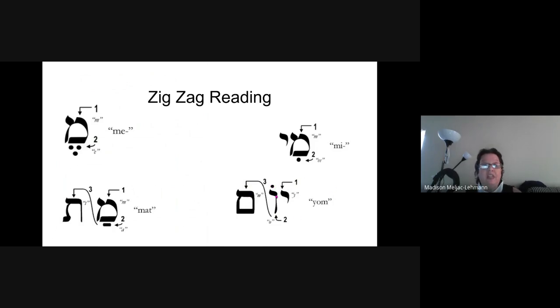So this is the pattern. You always want to remember zigzag reading. You want to have that in your mind to be able to go forward and backward eventually, because when we get to grammar, you really will need that, because it says you need to check the letter before or after, or the vowel before or after. So zigzag reading, you'll never be able to get rid of it.